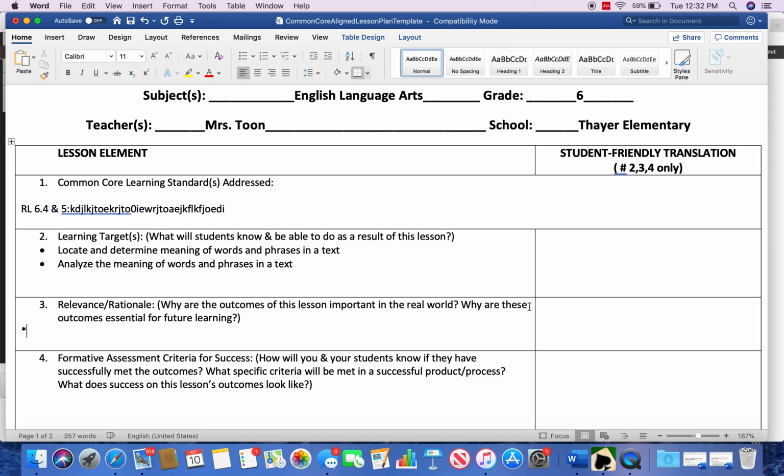And then also, these are essential for their future learning because it is a building block, and scaffolding takes place in the classroom, and it builds from year to year, and it progresses from the beginning to the middle to the end of the year, and then it continues to build with each grade level thereafter.